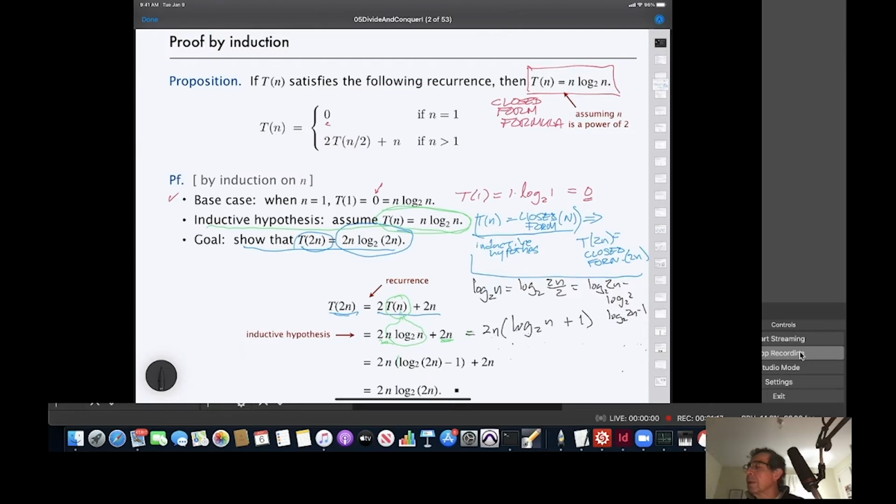Okay, so we can write log 2 of n as log 2 of 2n minus 1.